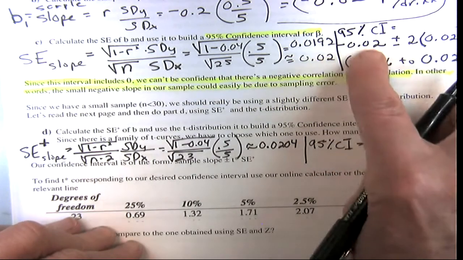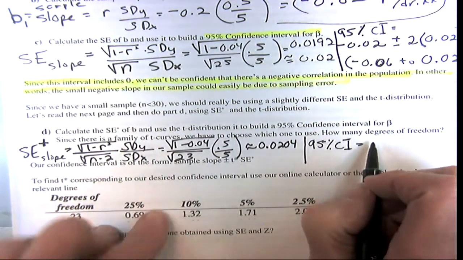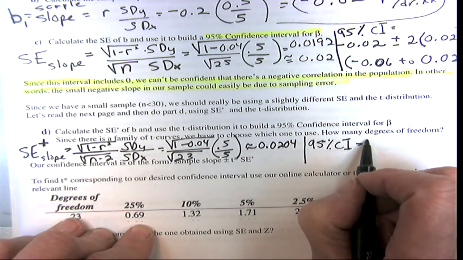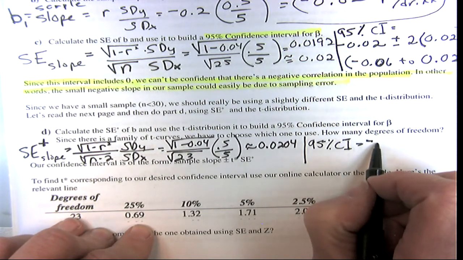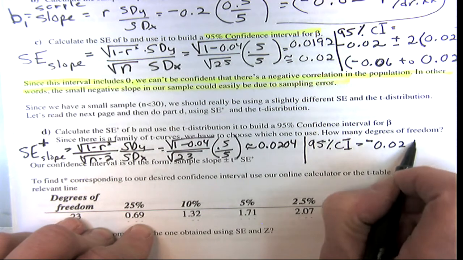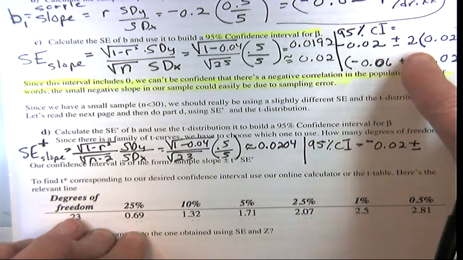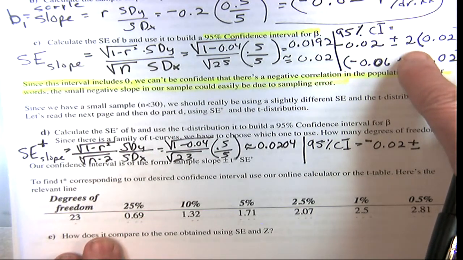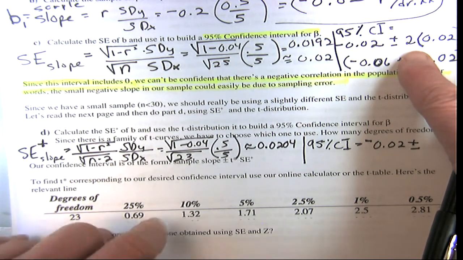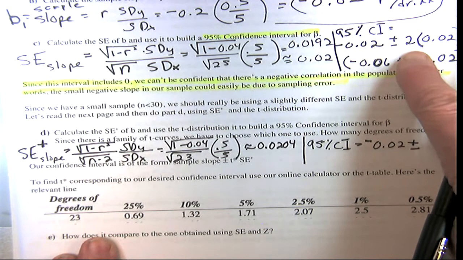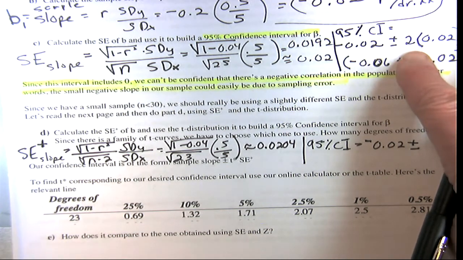And it's still our slope, our sample slope. But now, instead of plus or minus z, the critical value of z, we're going to do plus or minus the critical value of t, right?